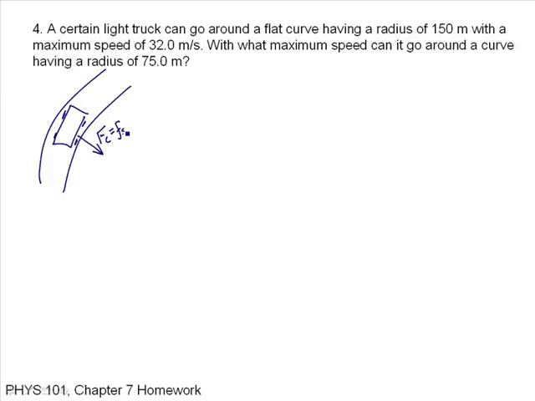So I can write that Fc is equal to Fs. That is mv squared over r is equal to mu static times the normal force. And in this case, the car is not on an incline. It's just flat on the road. It says it goes around a flat curve.